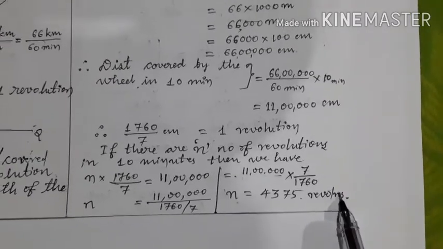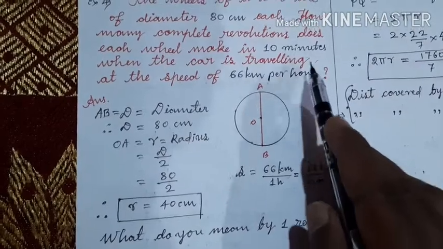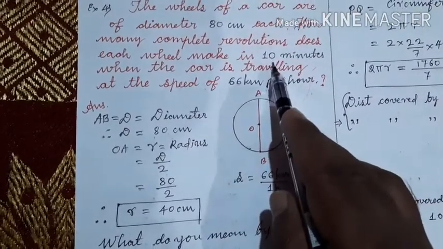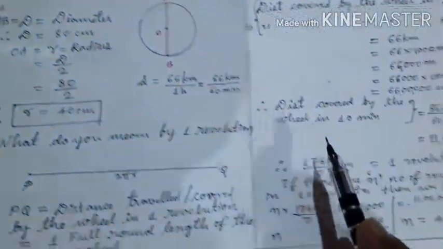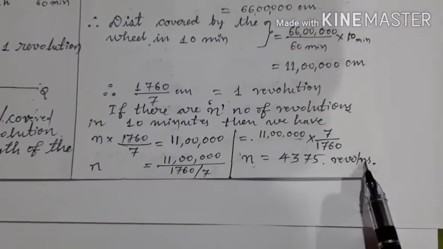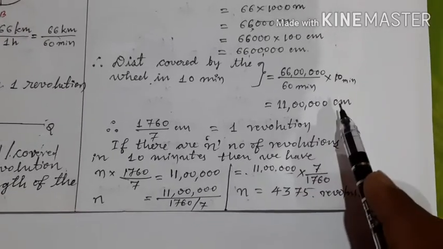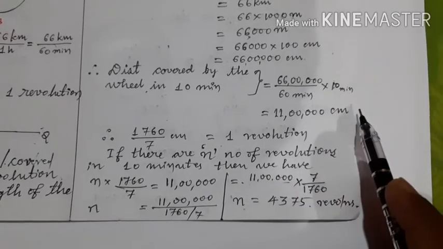Therefore, children, if the car travels with 66 km per hour speed for 10 minutes, it will have 4375 revolutions. By that time, it will have traveled 11 lakh centimeter.